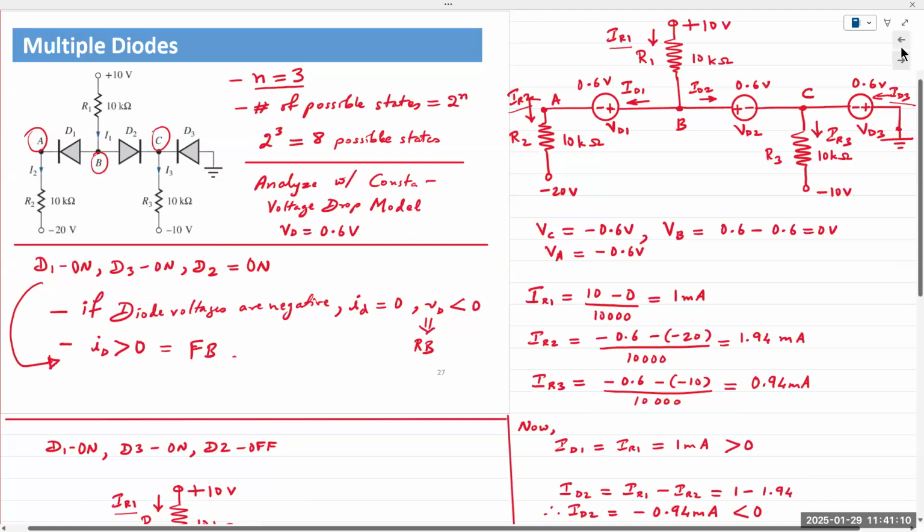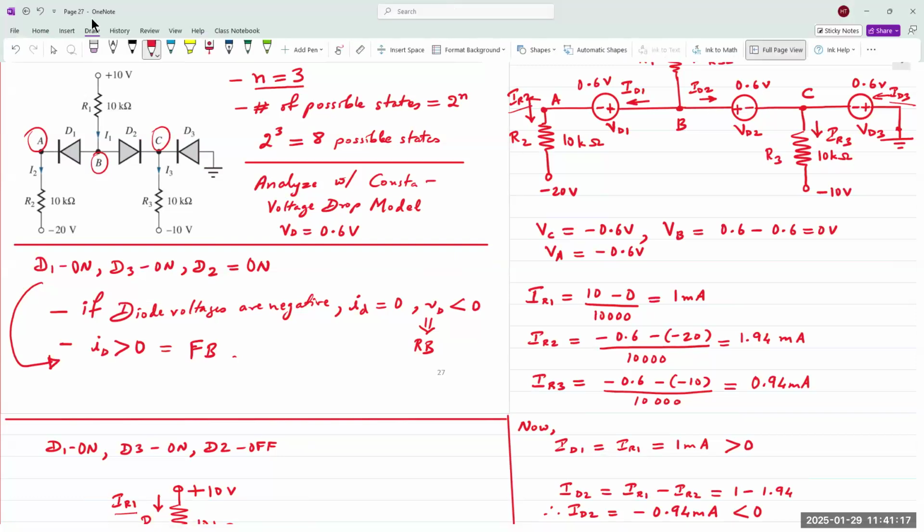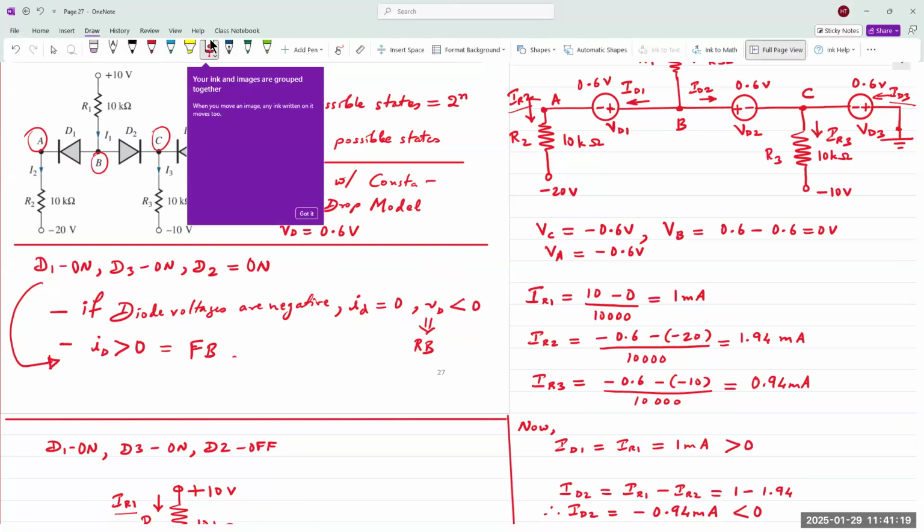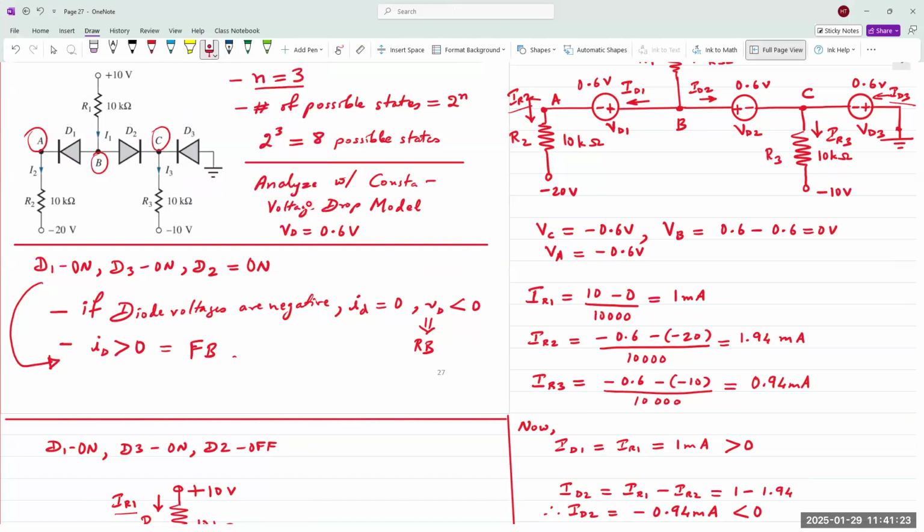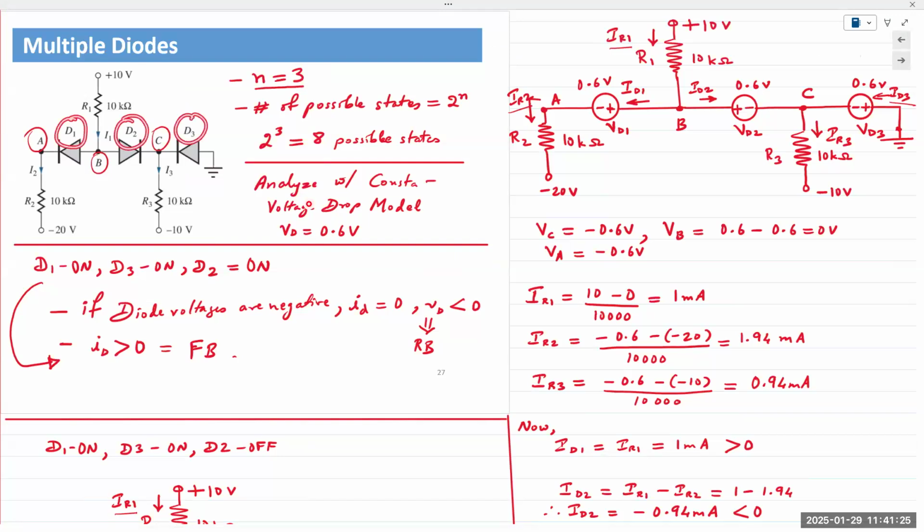All right, so multiple diodes. What do we do when we have multiple diodes? Well, we have 3 diodes, D1, D2, D3. If we use the ideal diode model or a constant voltage drop model, we can replace it with a short circuit in forward bias and an open circuit in reverse bias.